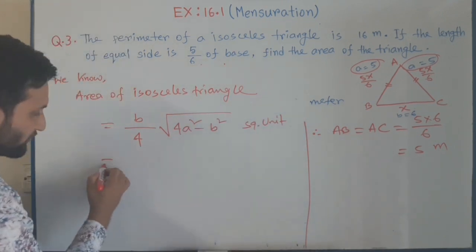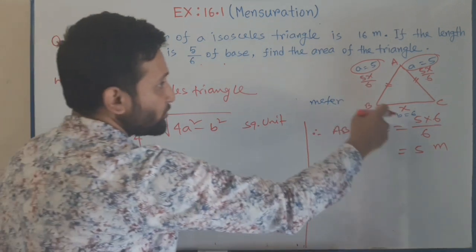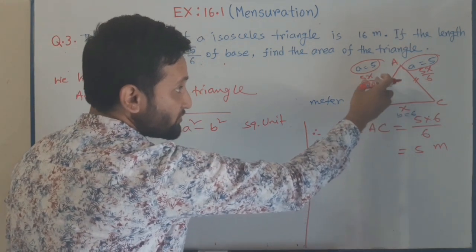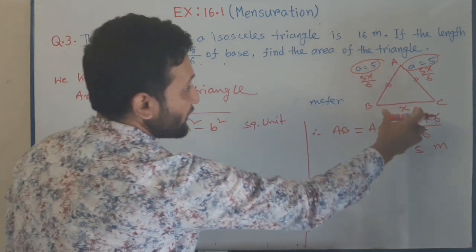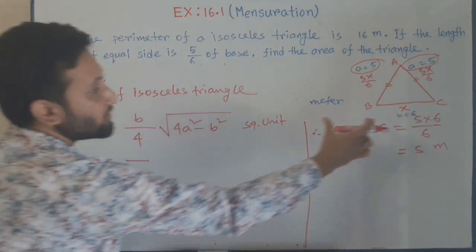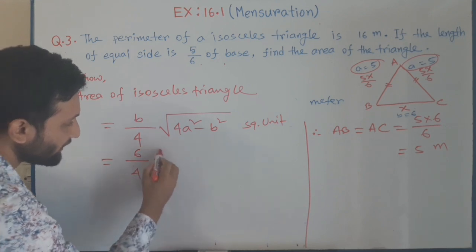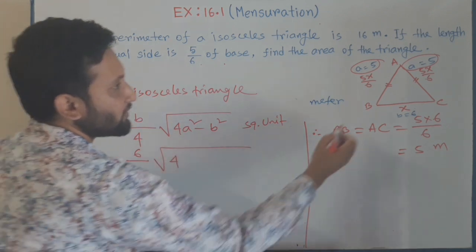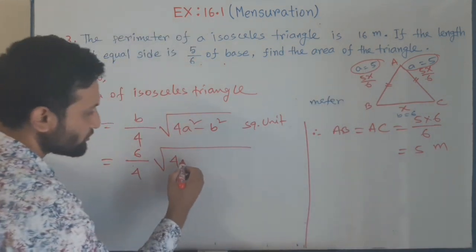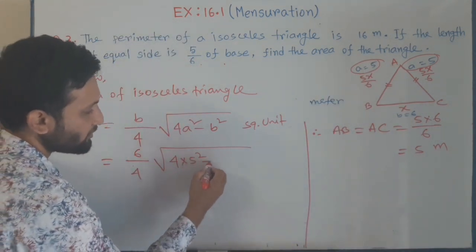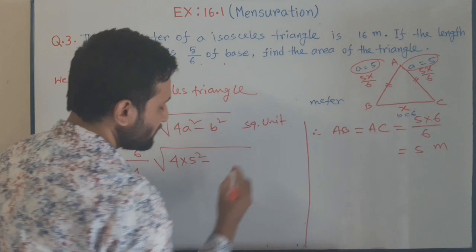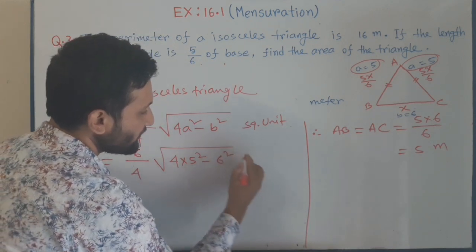Now putting the values here, a equals 5 and b equals 6. So the base b equals 6 meter. We get 6 by 4 into root of 4 into 5 square minus 6 square, in square meter.